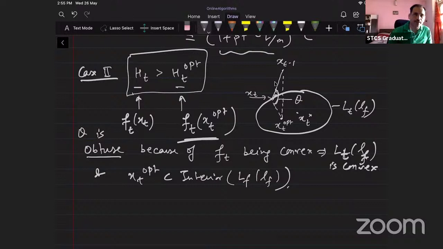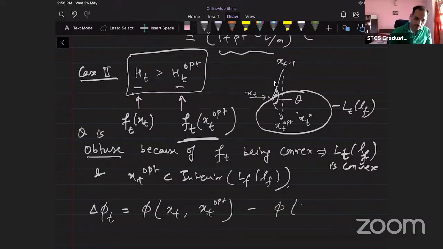Okay, so now let's again do a similar exercise. How much is del phi? Just to repeat myself here, minus phi of XT minus 1.